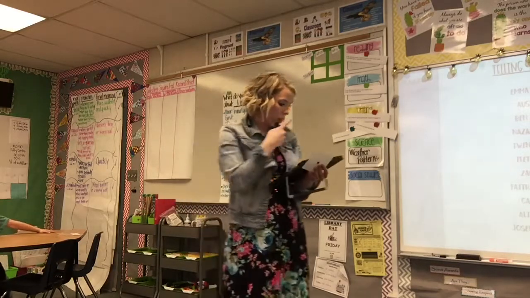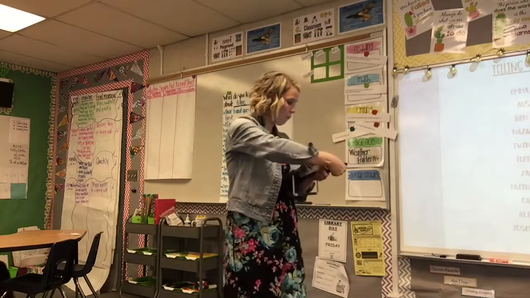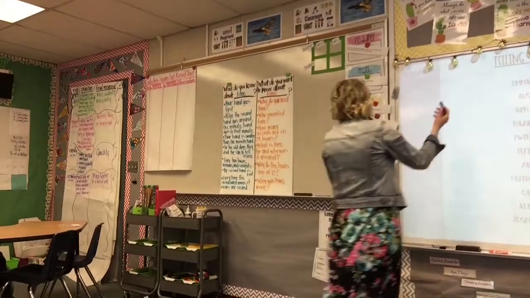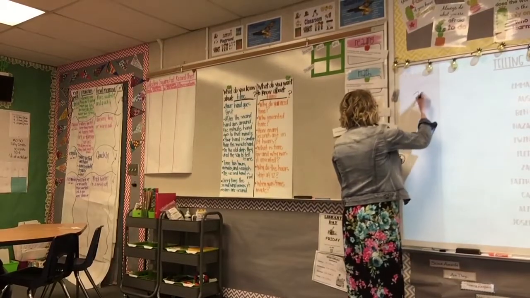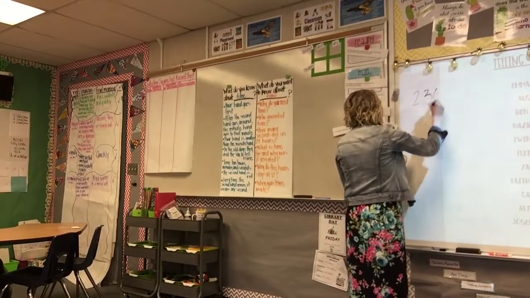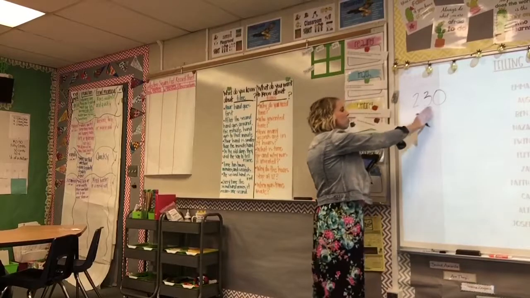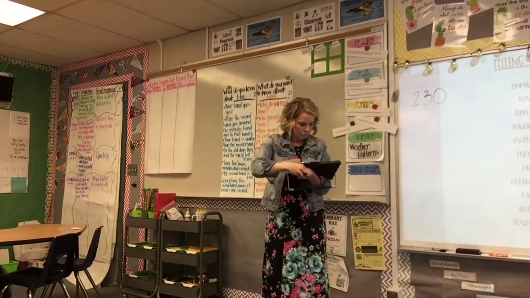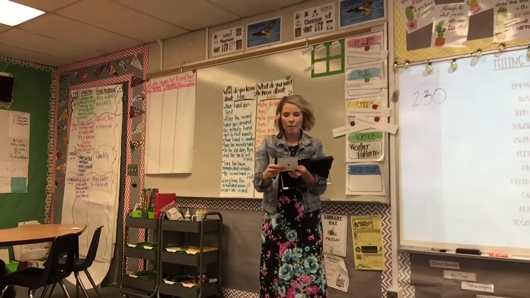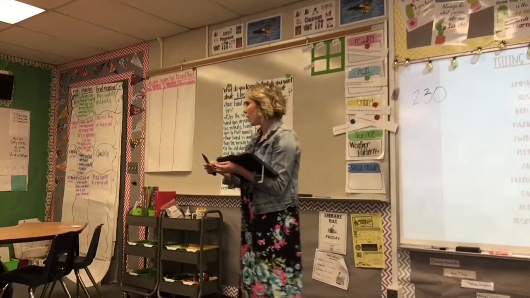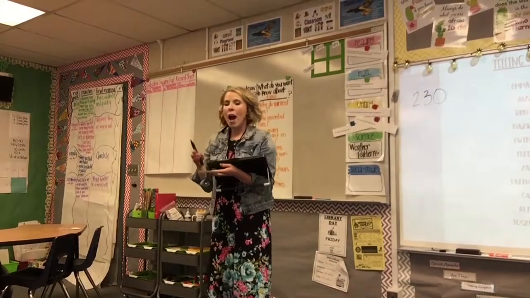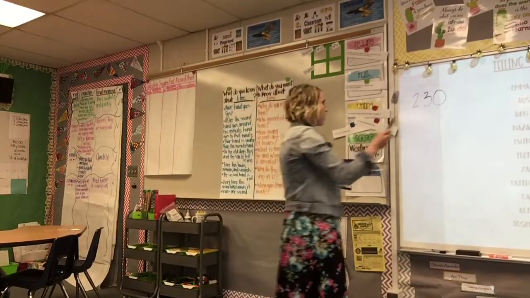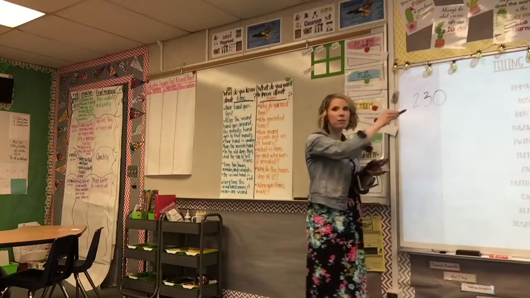So what I want you guys to do first, okay, I'm going to write this time on the board. And I want you guys to say it with me. 2:30. Nice. Okay. And before we show 2:30 on our clock, okay, is there another way that we can read these symbols?